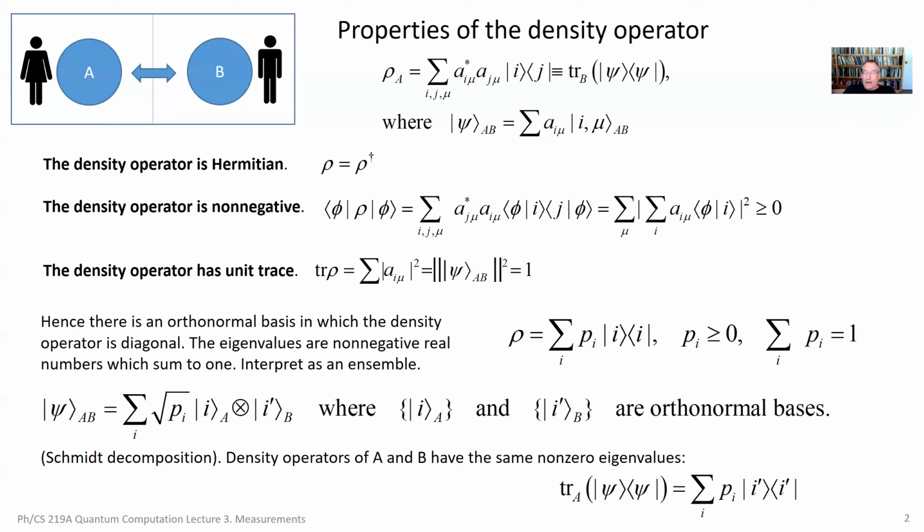And one way of thinking about how we arrive at the Schmidt form is if we look back at the bipartite pure state in its general form here in terms of some general orthonormal basis for Alice's system and Bob's, this matrix A_{iμ}, in general a rectangular matrix because Alice's and Bob's systems might have different dimensions, can, like any rectangular matrix, be expressed in terms of a singular value decomposition.